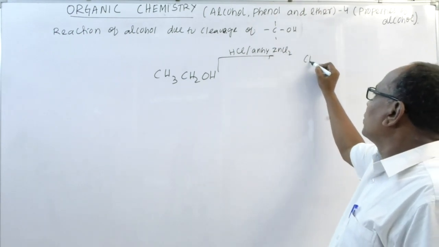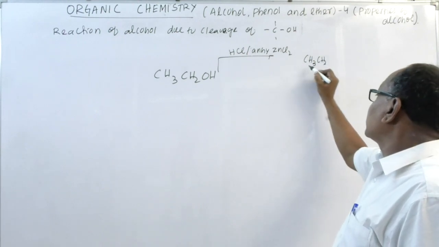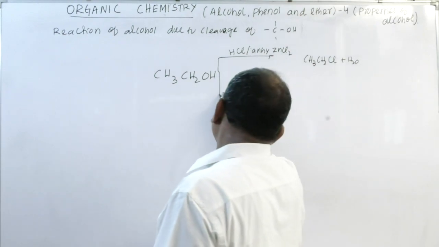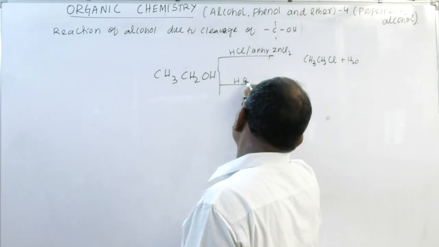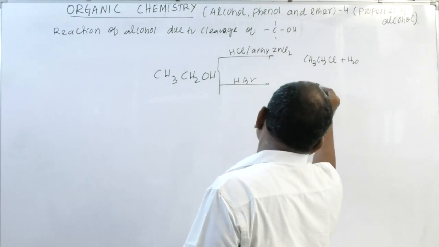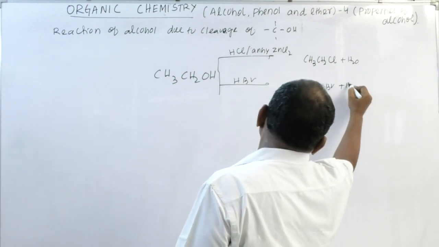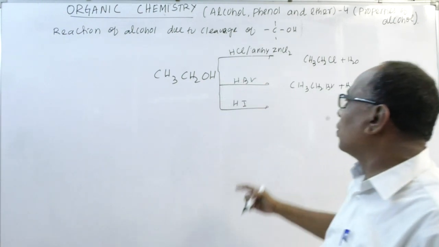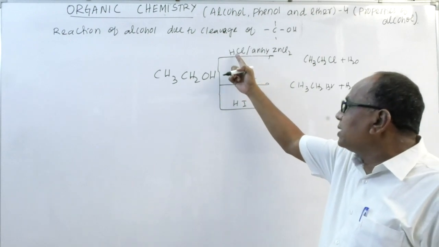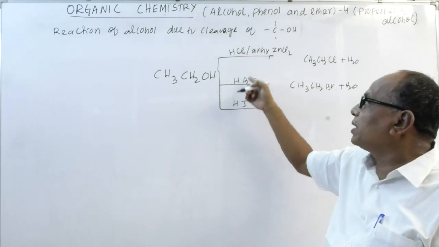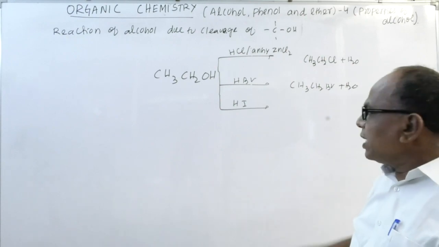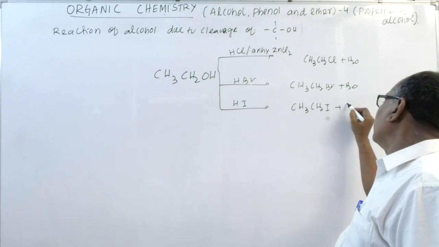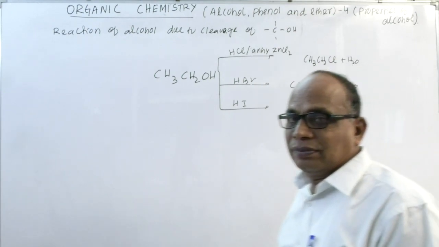It gives you a white precipitate, CH3CH2Cl plus H2O. If you take HBr, it gives CH3CH2Br plus H2O. If you treat it with HI, because of the reactivity order of halogen acids, HI is more reactive than HBr, which is more reactive than HCl. It reacts immediately and gives CH3CH2I plus H2O.